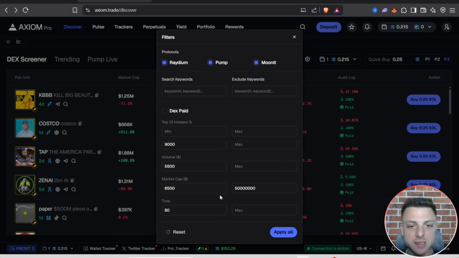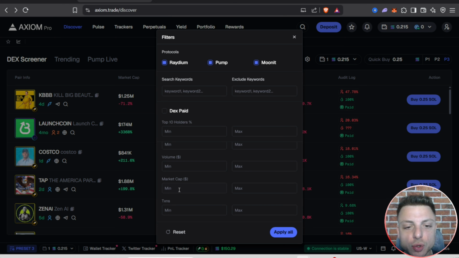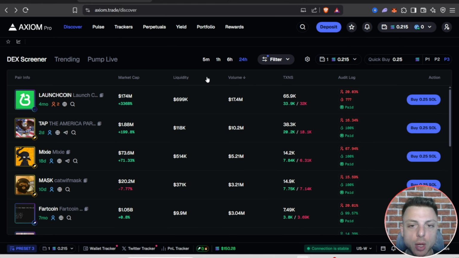Now these are some of the filters that I actually used in a previous video, but I'm going to completely reset them and start again. Now what I will do is just come over and set a minimum market cap at 1.5 million. The reason I'm going to do that again is to find already established coins. I'm going to just hit apply all.